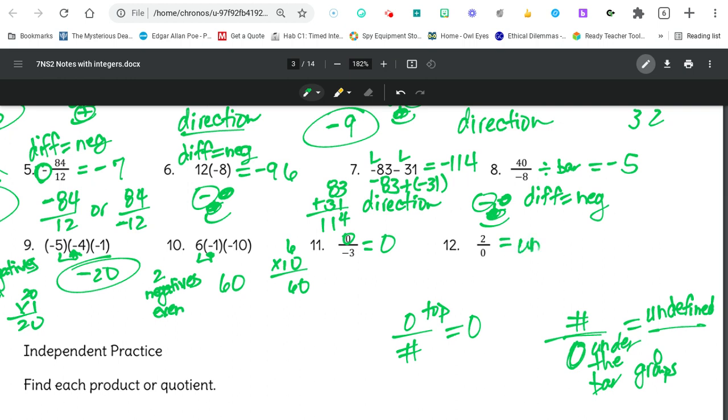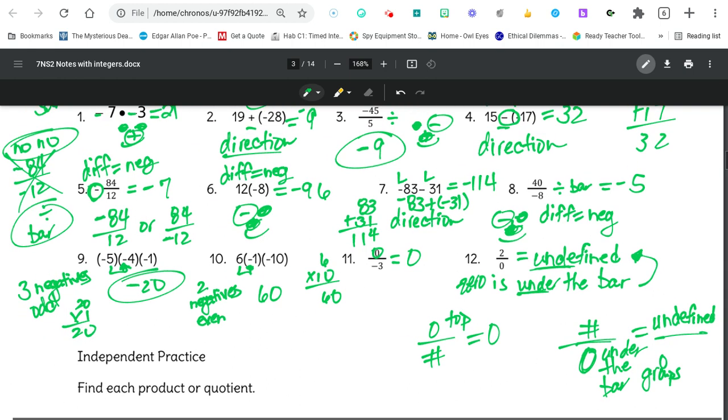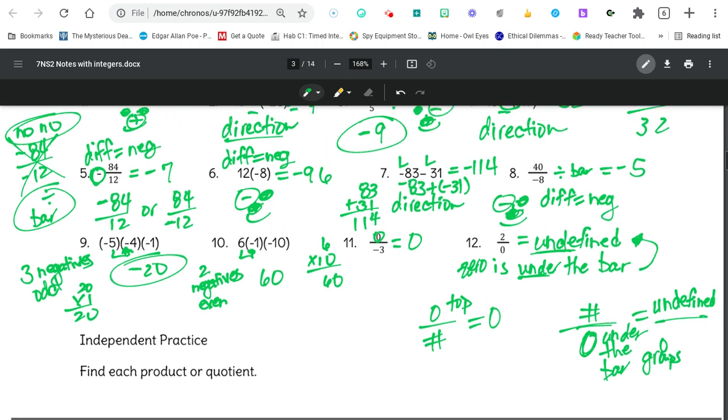The answer is undefined. And the way I get my students to remember that is because if 0 is under the bar, I simply get undefined. You can remember that because under starts with UNDE and undefined starts with UNDE. That's the way to remember which one is 0 and which one is undefined.